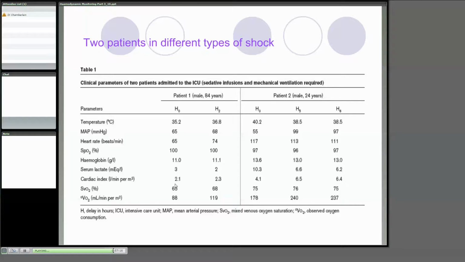SvO2 here, 65. Oh, that's normalish, but we've got a very high one here, so hypermetabolic. Oxygen consumption, what's the normal rate there?